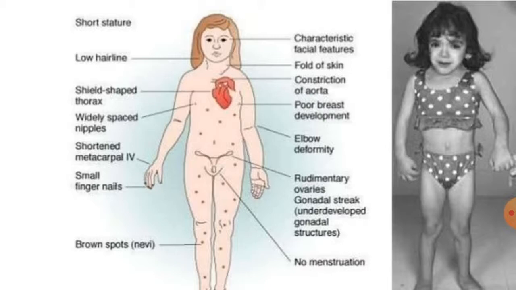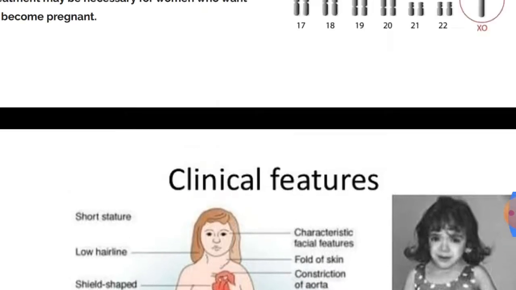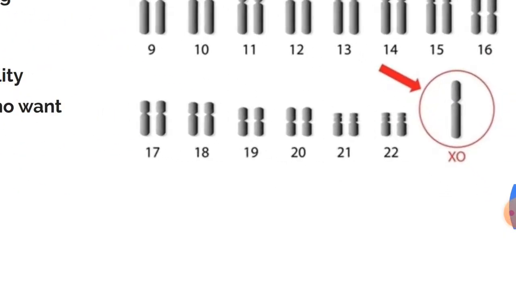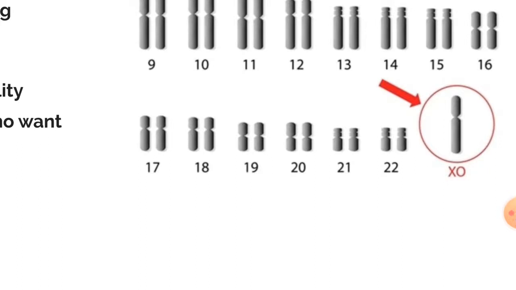So these are the clinical symptoms from where we can identify a Turner syndrome, besides, of course, the karyotype. Here you see in this karyotype the sex chromosome. It is only one, X0.